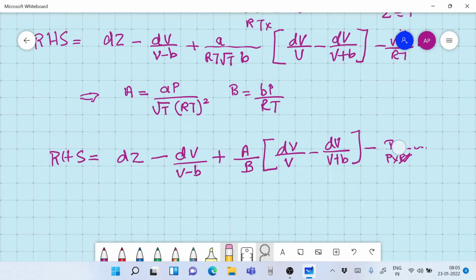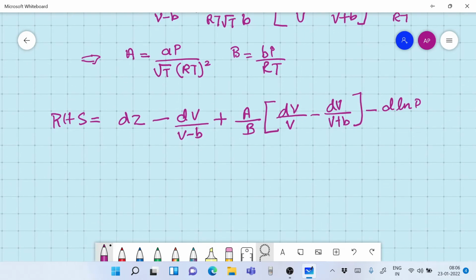So the last term can be written as d ln of P.